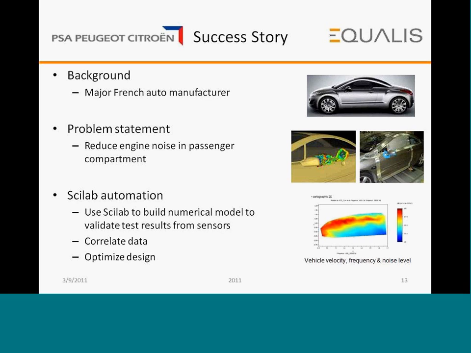And they don't do that just by trial and error. There's a lot of computation and simulation and testing that goes into it. So in this particular case, Peugeot used Scilab to build an automation tool where they can compare their test data, that is measurements of noise using microphones, with their simulation models of how noise is present inside the car, and to correlate the data and optimize their design.